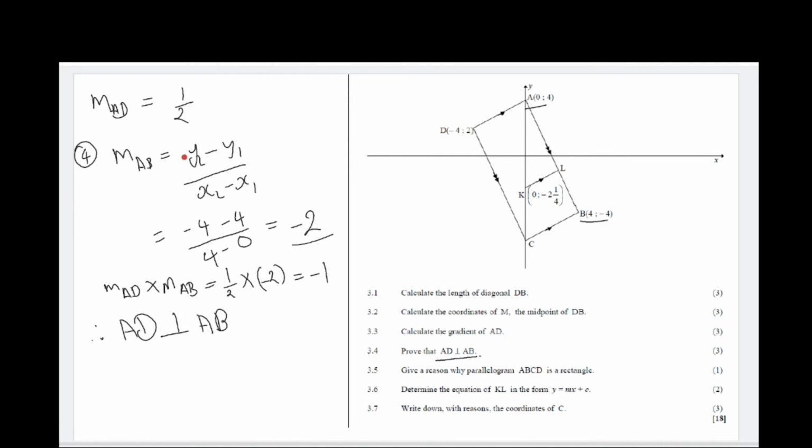You first calculate the gradient of the other line, then you multiply the first gradient by the answer you found, and your product has to be negative 1. Then you conclude by saying therefore, with 3 dots like this. This means therefore AD is perpendicular to AB. Okay, that was number 4.